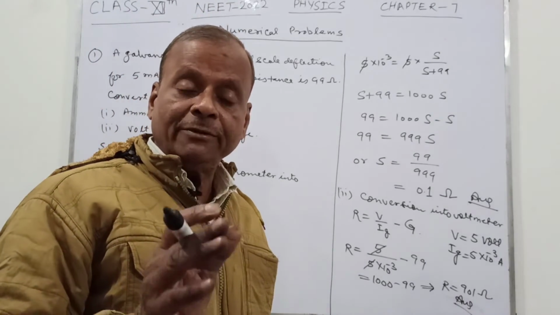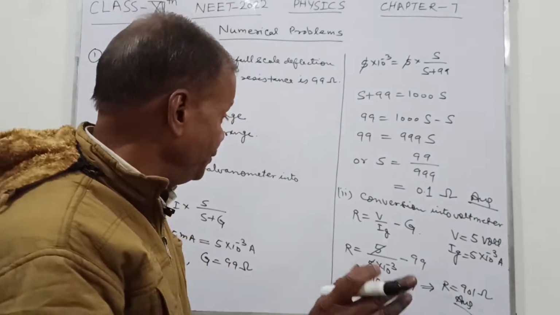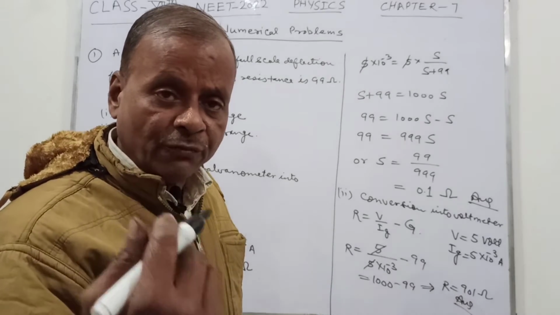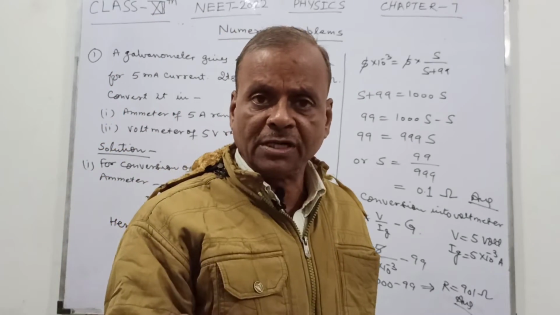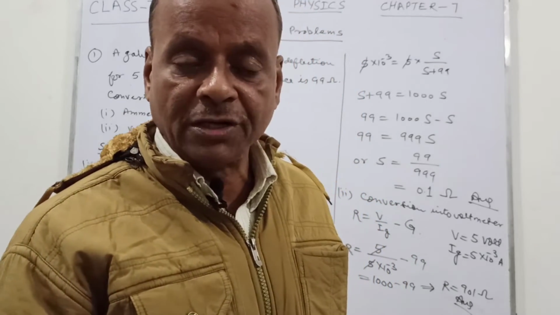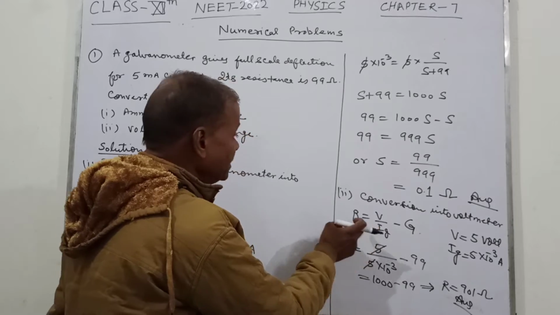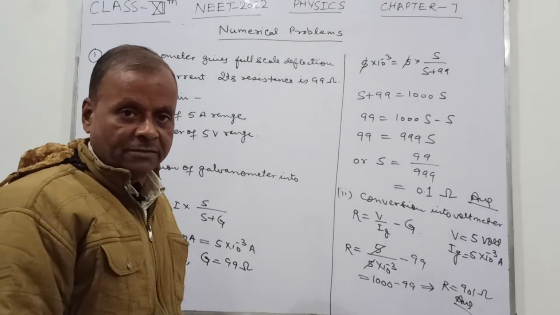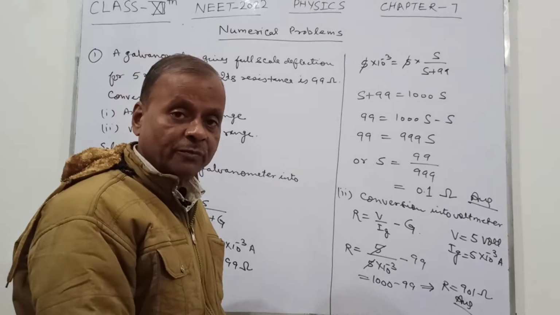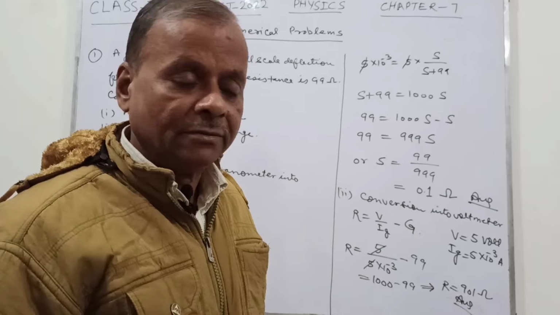And whenever we have to convert into a voltmeter, then the given range is V. Suppose it is a 5 volt range, 10 volt range, 100 volt range, 1000 volt range, then that will be the value of V. Ig is the full scale deflection current. Then you calculate R: how much R is required to convert it into the voltmeter.